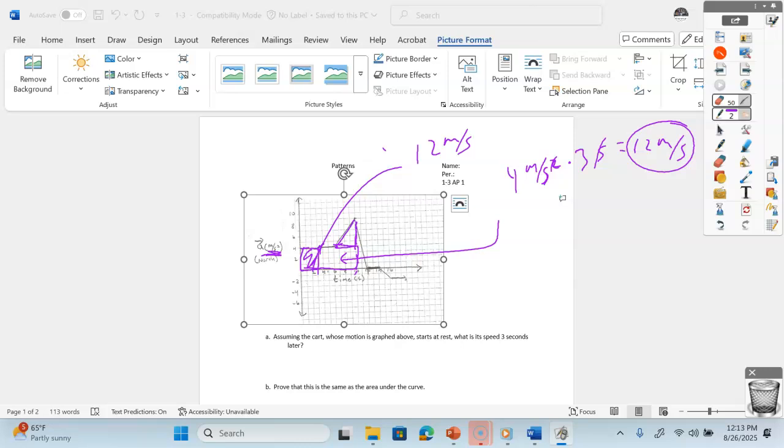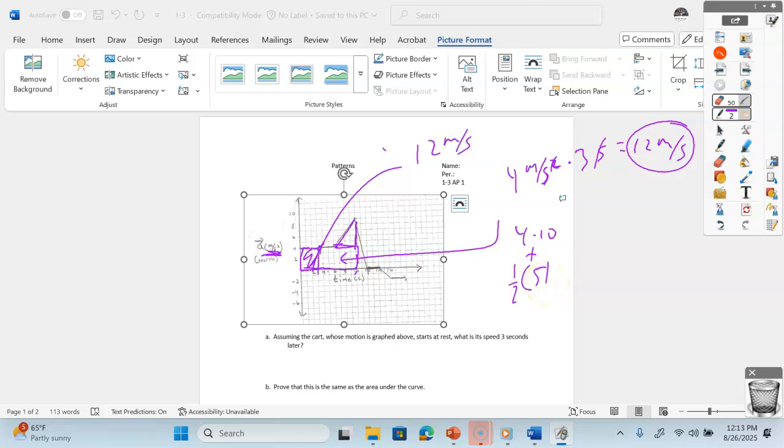You have to find the area of every shape. There's 1 rectangle and a triangle, right? So we have 4 times 10 plus another 1/2.